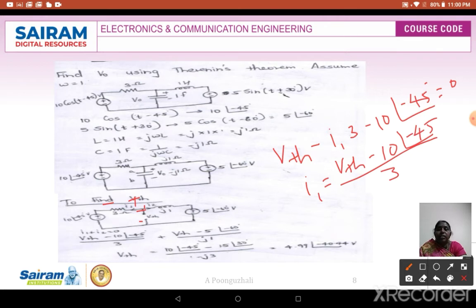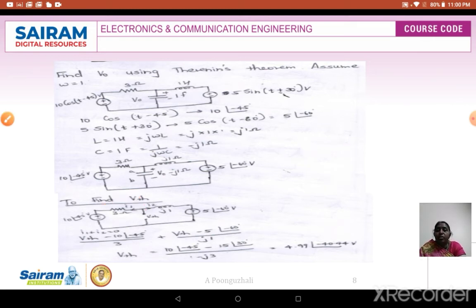So here in this case I2 is equal to VTH minus 5 phase angle minus 60 divided by j. So if I simplify this equation, we are going to get VTH. Simplify it, you will be getting the VTH voltage there.